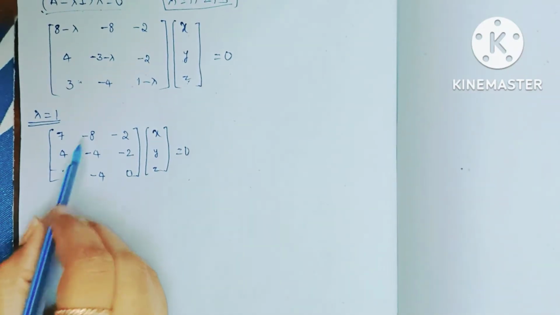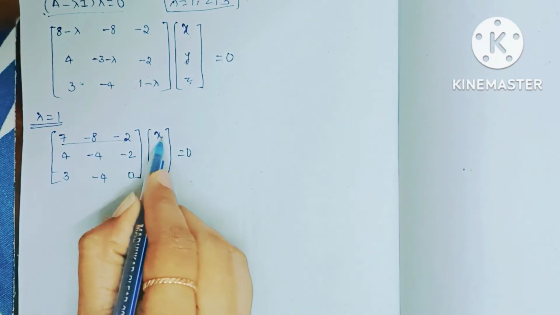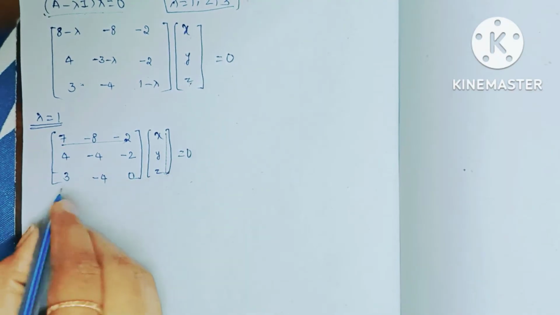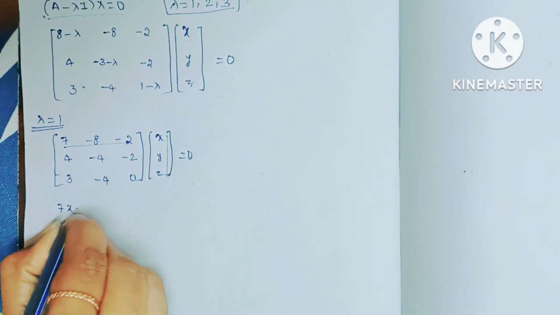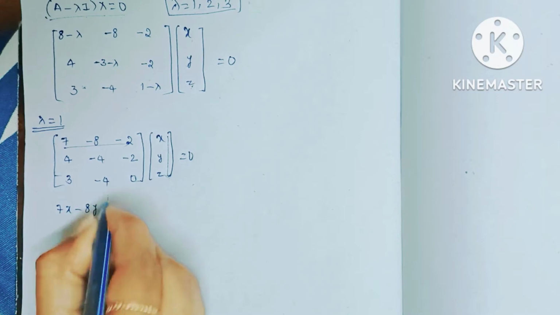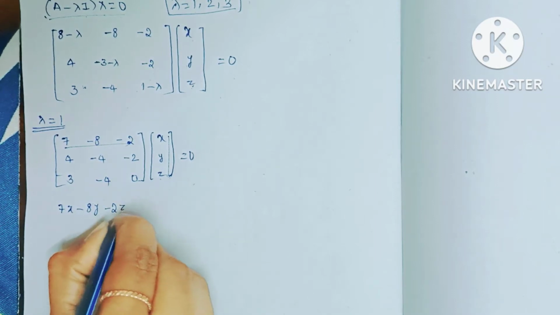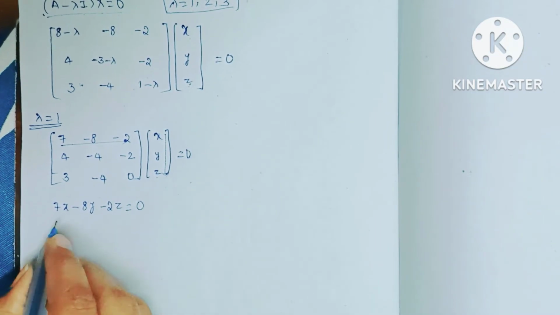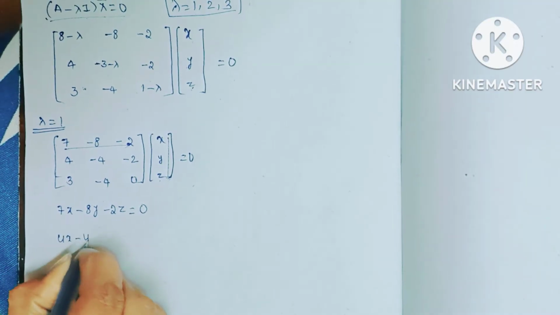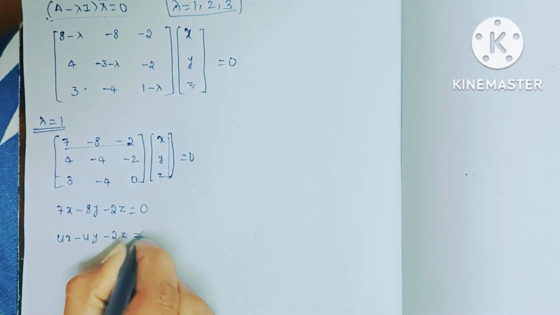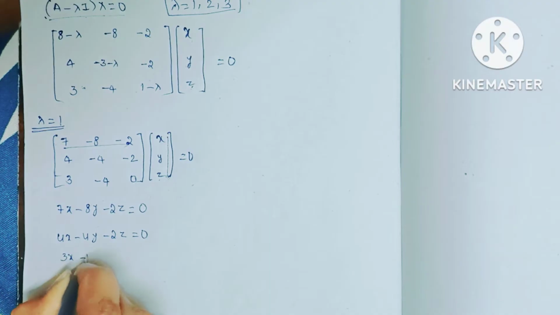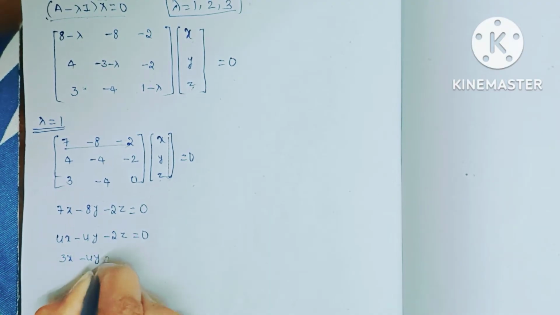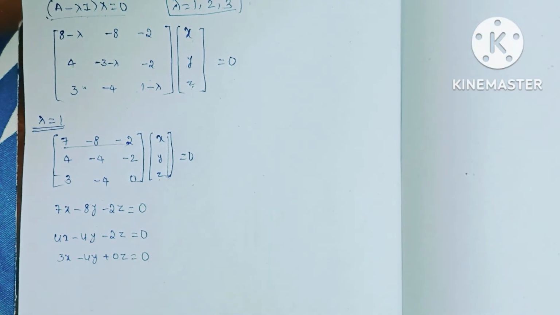Just multiply this row and this column. We will get the equations: 7x minus 8y minus 2z equal to 0. Here 4x minus 4y minus 2z equal to 0. 3x minus 4y plus 0z which is equal to 0.